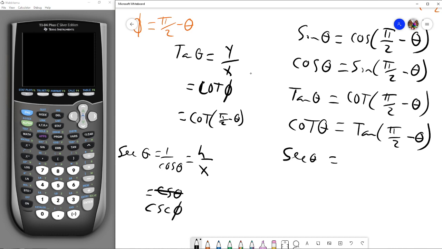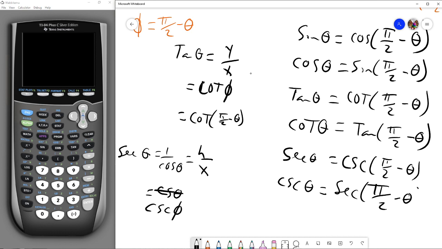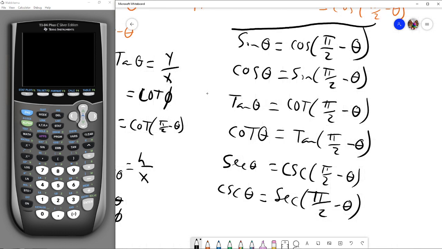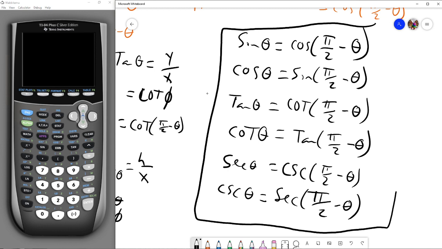And so that shows that cosecant of pi over 2 minus theta is the same thing as secant of theta. Cosecant theta is equal to secant of pi over 2 minus theta. So that confirms what we talked about before. And now we have 6 more trig identities to have fun with.